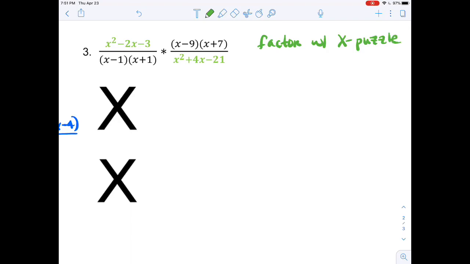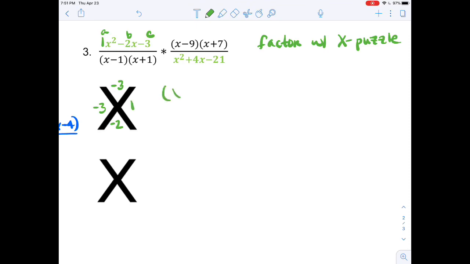All right, so again, we would want to identify our A, B, and C and get a -3 and a -2 here. And the numbers that would multiply to be a -3 and add to be -2, a -3 and a +1.